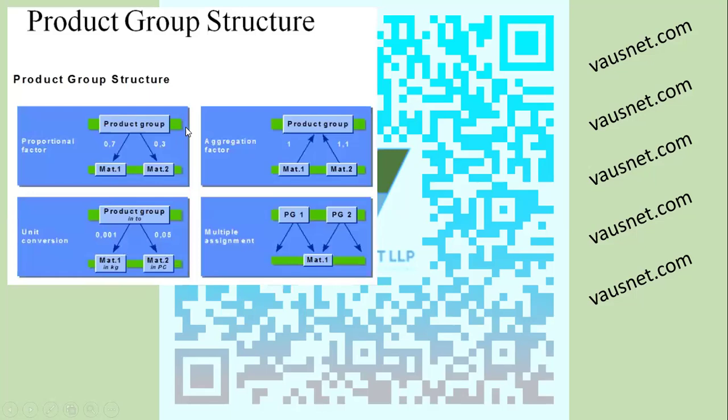Okay. Now product grouping structure over here, we have a product group. For example, we have a product. For example, we have material one, material two, and we will need a proportion of all these to make a product which is a part of that product group. Now, product group, for example, is motorcycles. Now, motorcycles will be CD70 and 125. That will become one part of the product group.